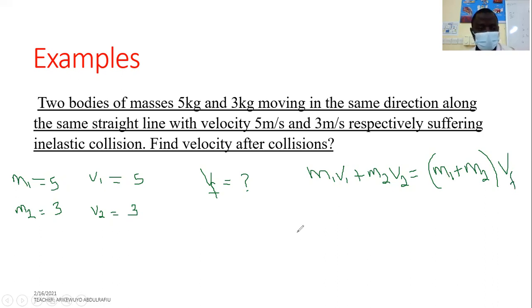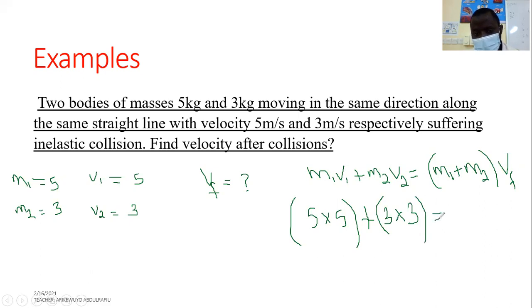So let's calculate this first. So what is M1 multiply V1? That's 5 times 5. M1 is 5, V1 is also 5, right? Plus M2 is 3, V2 is also 3. Are you following? 3 multiply 3 is equal to M1 plus M2, which is 5 plus 3.